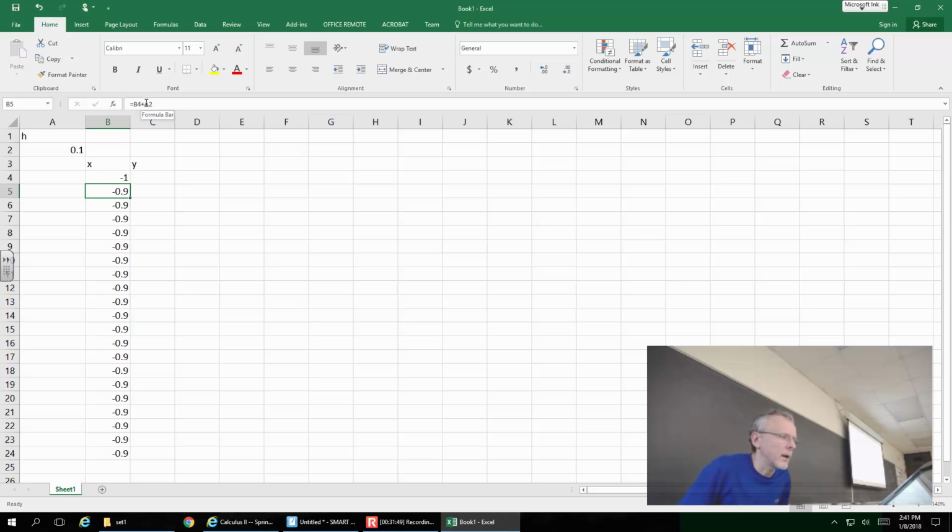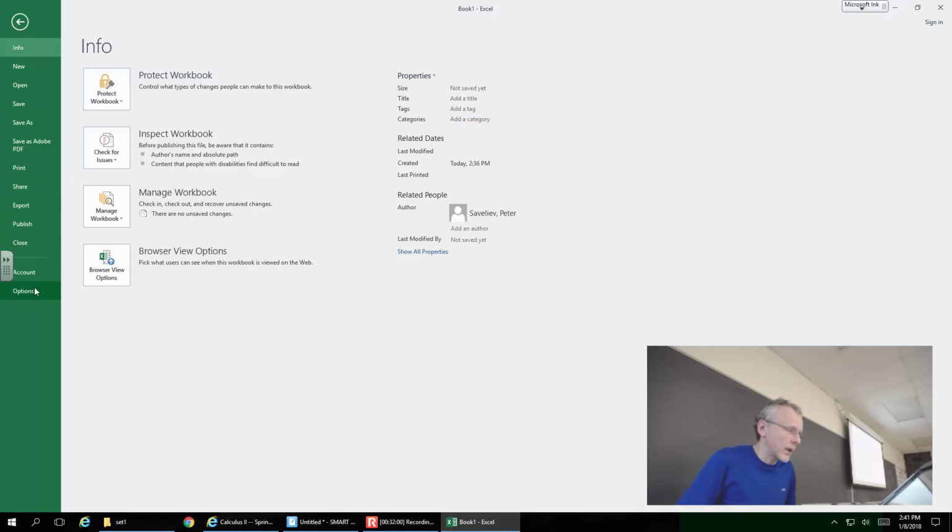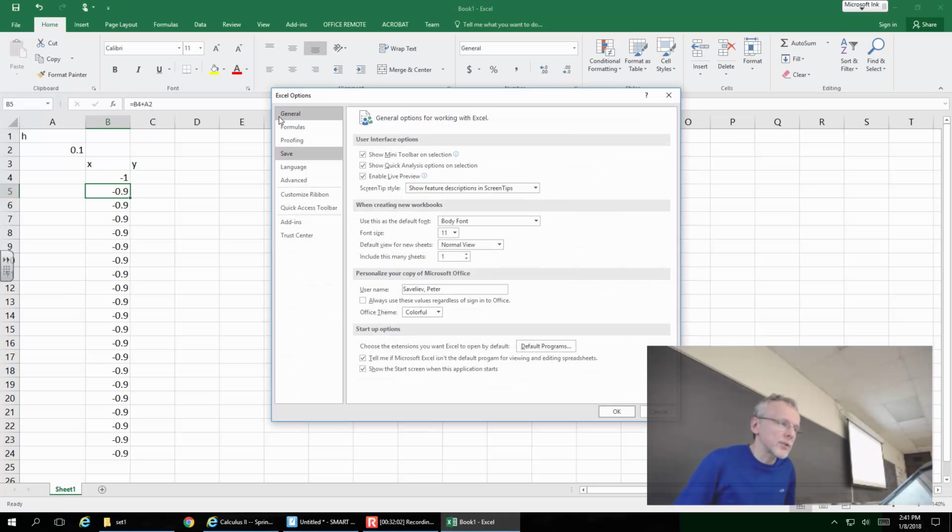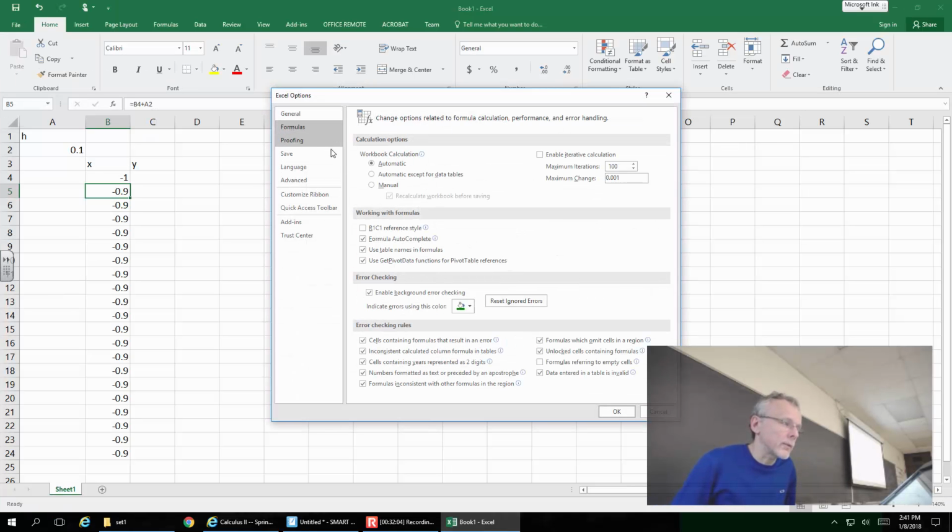Everything is done in a terrible manner. Let me fix the settings. Options, formulas, R1C1 reference style.